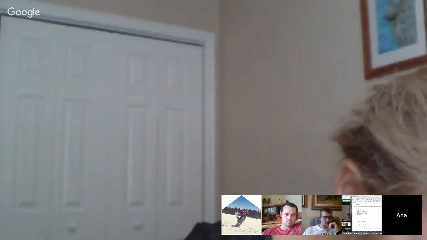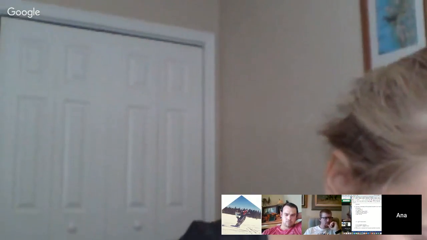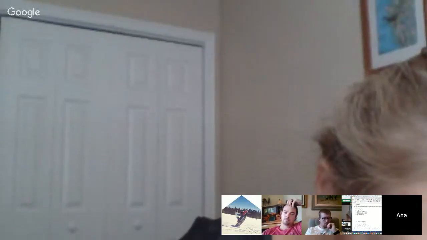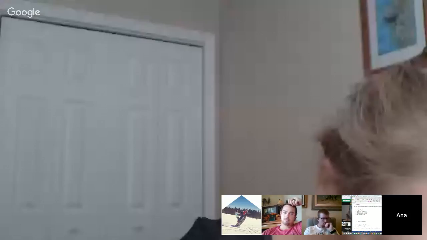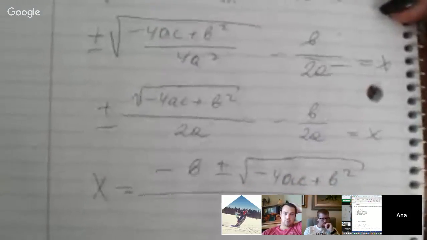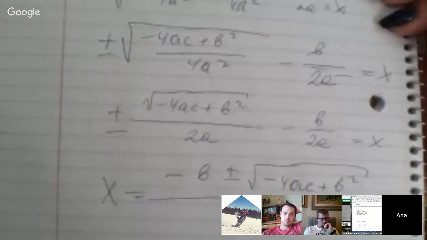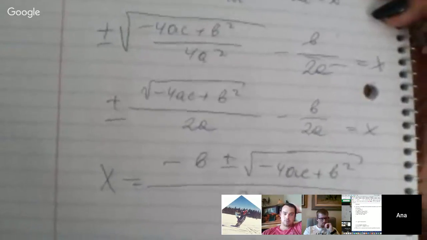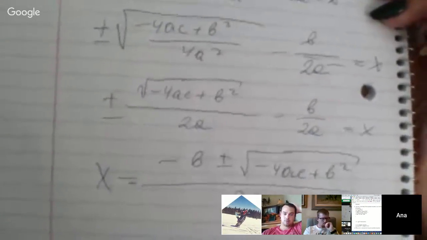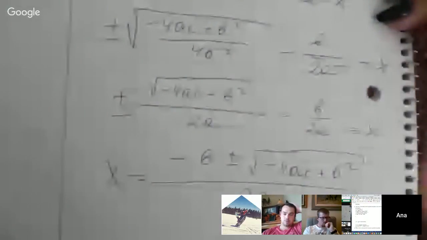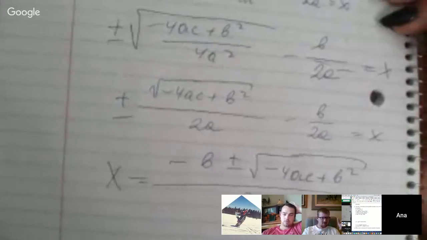So at the very end, it will be minus b plus or minus the square root. Then there was plus minus, so plus minus 4ac plus b squared over 2a. So that's the quadratic formula. Yeah, that's the quadratic formula.